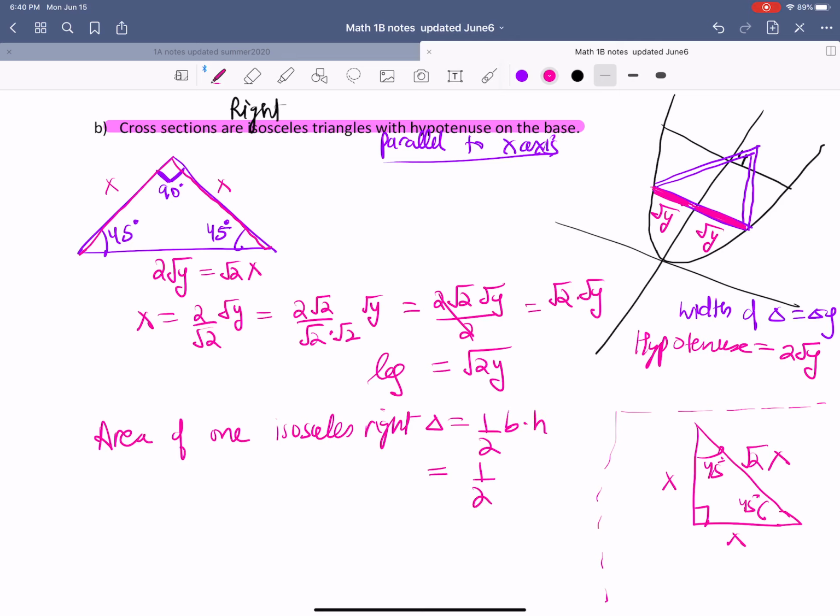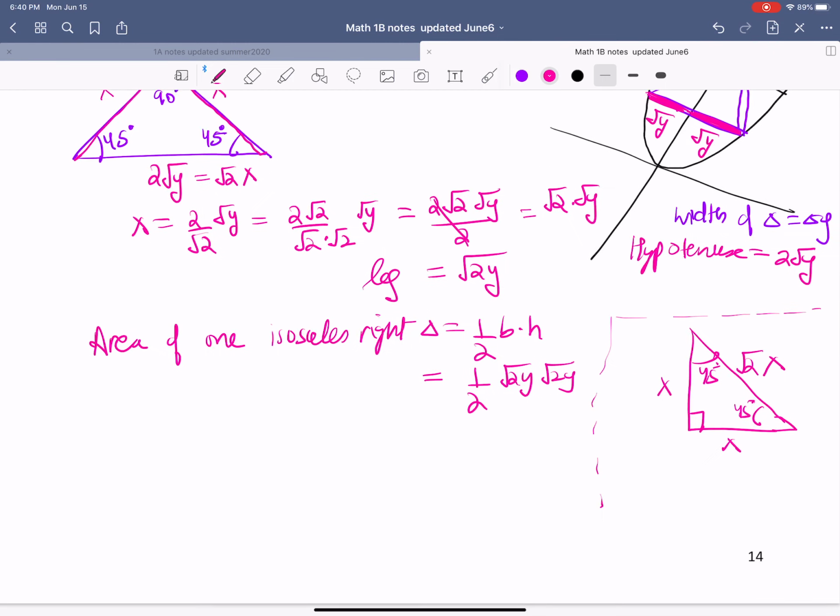The base is a leg, the height is a leg, root 2y times root 2y. So that turns out to be 1/2 times 2y, which is just y. So the area of the isosceles right triangle turns out to be just y.